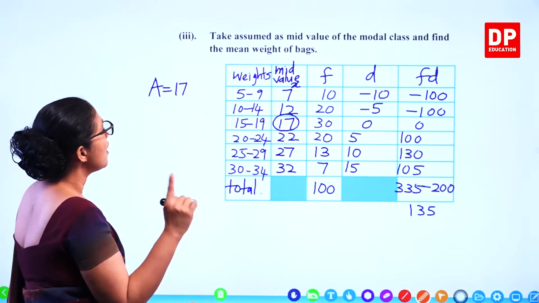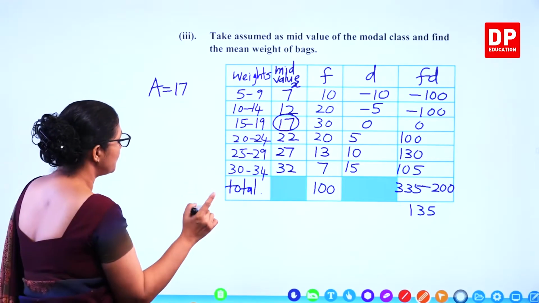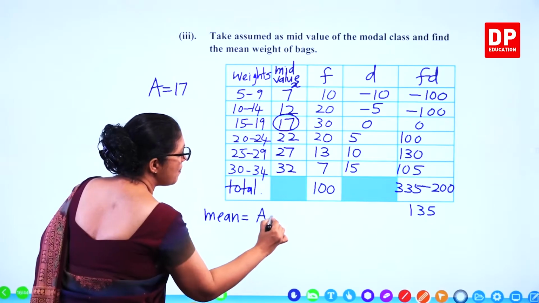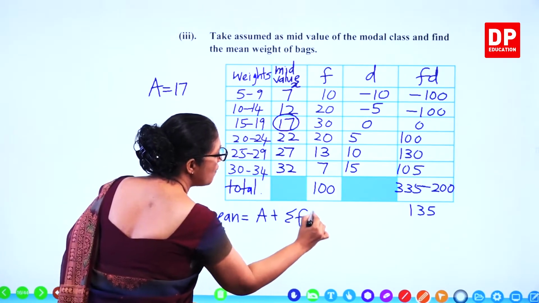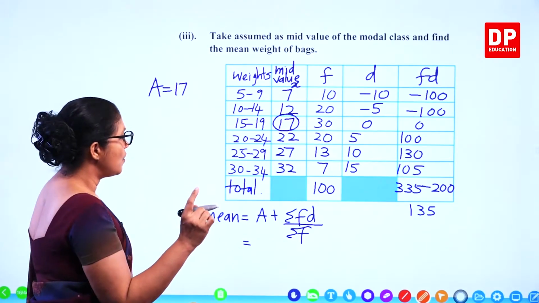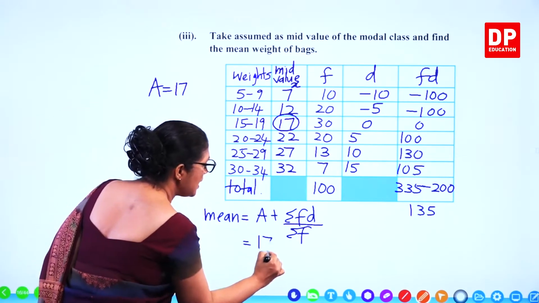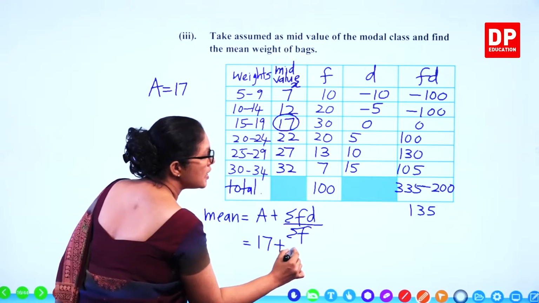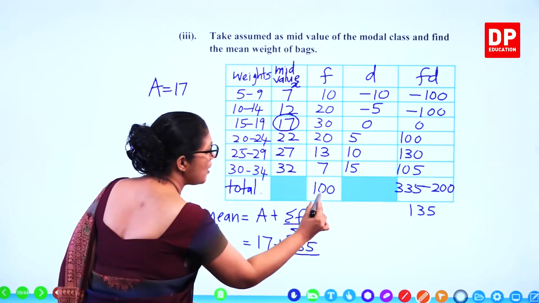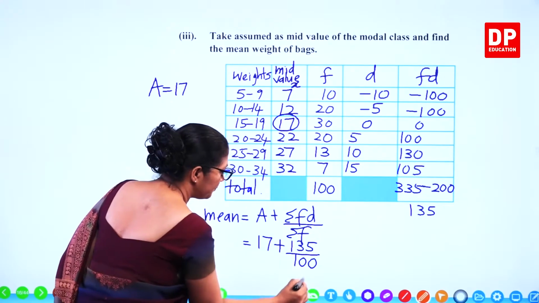Now you can find out the mean value. So what is mean? Assumed mean plus sigma FD over sigma F, total frequency. We know the assumed mean is 17 and total FD is 135, divide by 100.